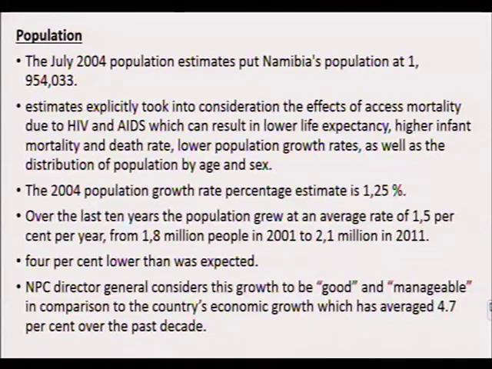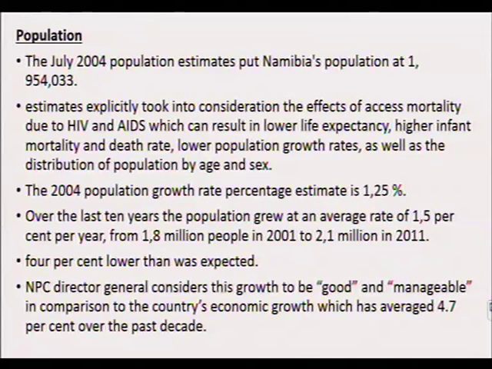According to the 2004 studies, the population growth was estimated at 1.25% per year. Over the last 10 years, or at the time that the book went to print, the population grew at an average of 1.5% per year. It grew from 1.8 million people in 2001 to 2.1 million in 2011.